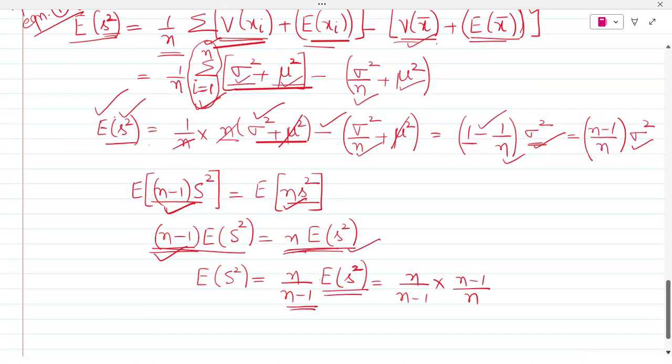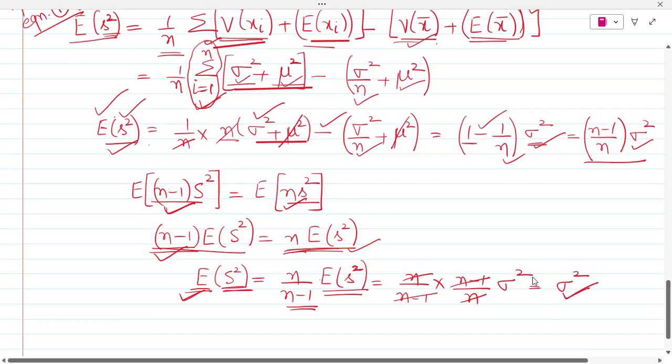And what is this thing? N minus 1 by n into sigma square, our previous result. Now you can see this will cancel out. And what is this now? Sigma square. So the expected value of capital S square is equal to the population variance. Here we have now proved all these results.